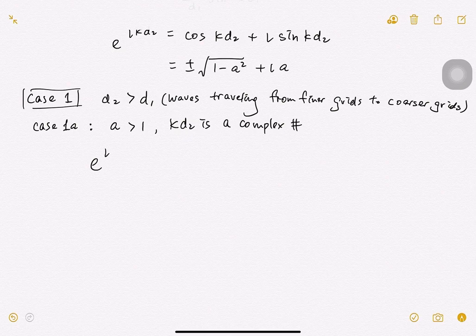E to the power of iota k d2 a. We have taken out the iota in both terms, and then E iota pi over 2.